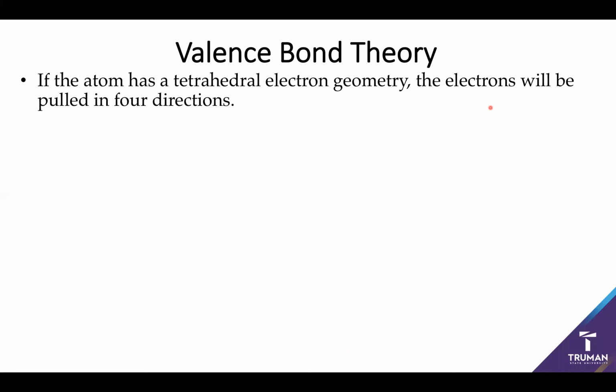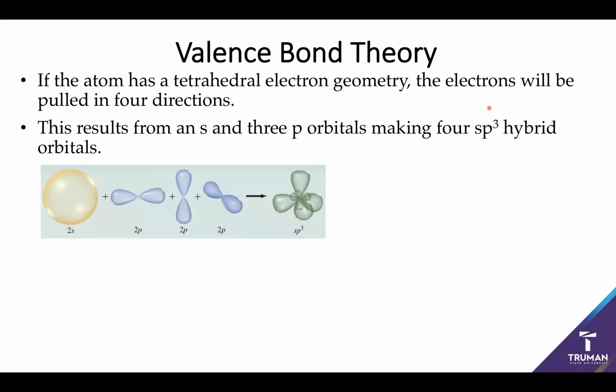Now, if I have a tetrahedral electronic geometry, my electrons are being pulled in 4 separate directions. So in order to get 4 separate directions, I need 4 separate orbitals. So I'm going to bring in all 3 of my p orbitals and my s orbital, and I get 4 orbitals in, I get 4 orbitals out. And this constructs our sp3 orbitals.